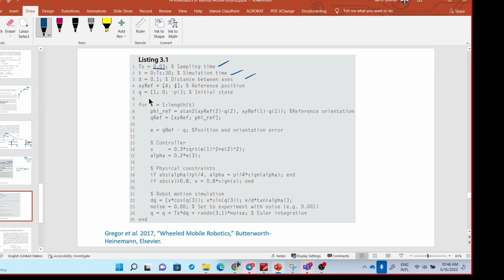Q is the instantaneous position, the state actually. So it's h of t, y of t, and phi of t. Yeah, Q. And then we make the loop. It means every instant.